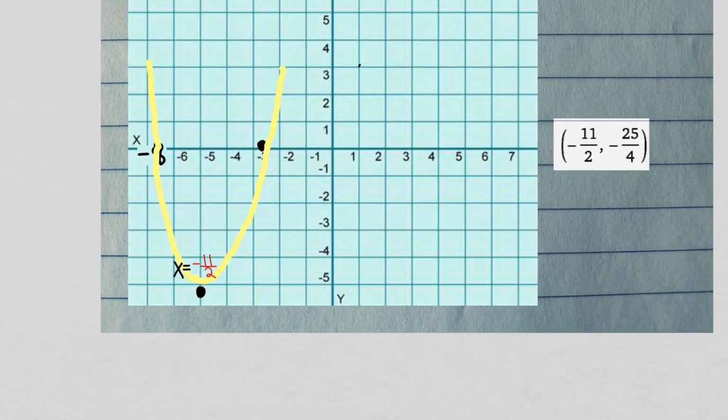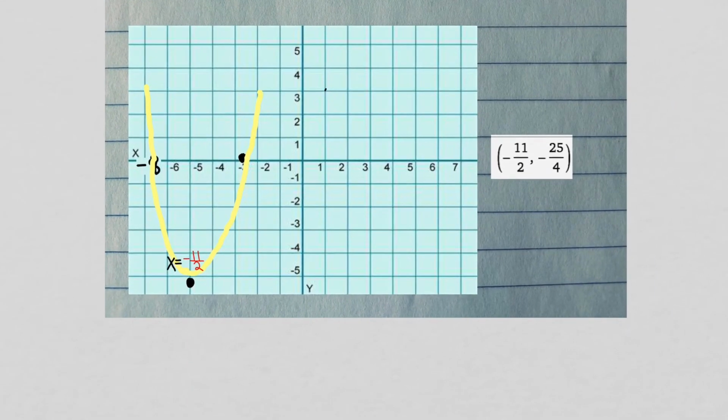So it goes out negative 5 1/2, and then down negative 6 1/4. But at the end of the day, the axis of symmetry is at x equals negative 11 halves. Now remember, this point here we can also say is the vertex, negative 11 halves and negative 25 over 4, and that would be the minimum. If somebody asks what is the minimum of this parabola, it would be negative 11 halves, comma, negative 25 over 4.